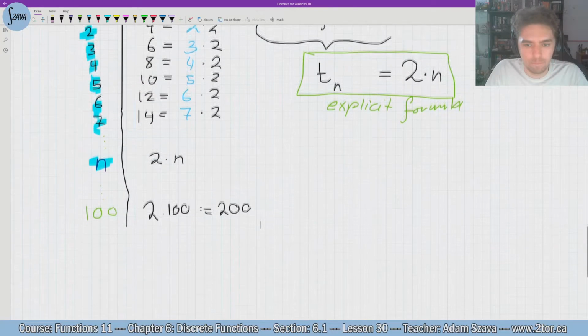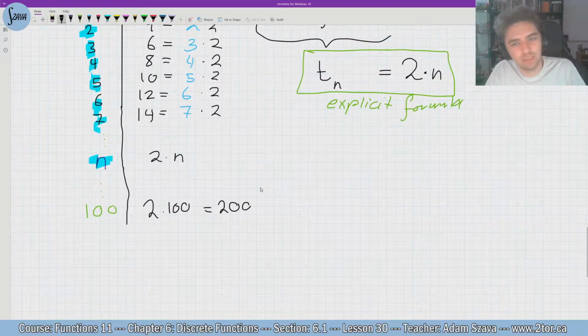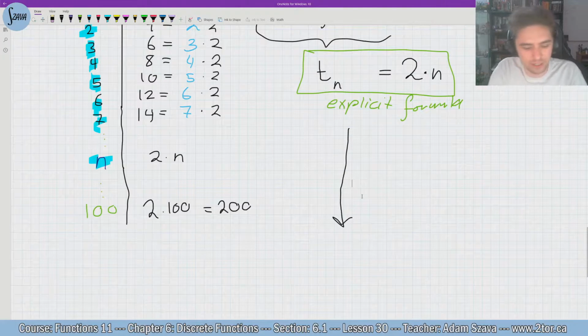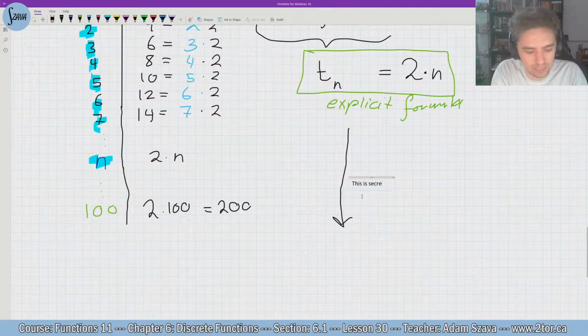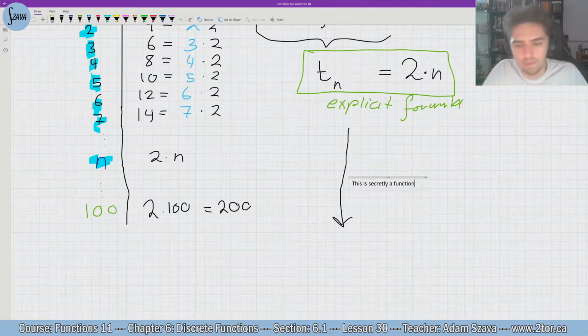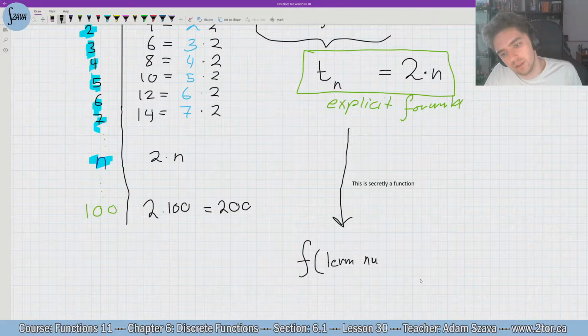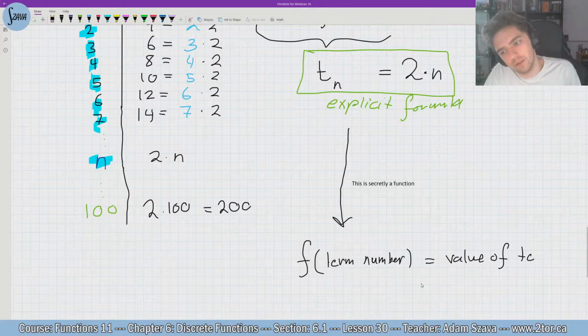Now, the biggest breakthrough of this lesson is that that's really a function. This is secretly a function. Think about it. It's a machine that takes in the term number and outputs the value of the term.